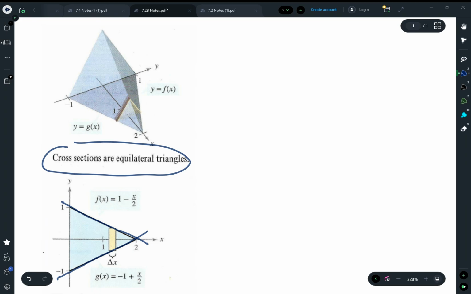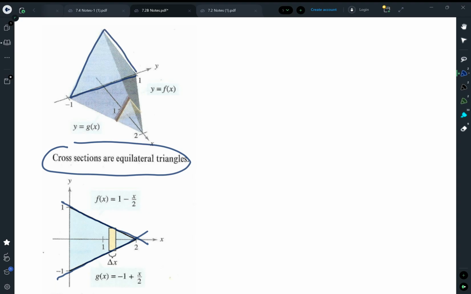On one end where my base is really wide, I'm going to have a really big equilateral triangle. And on the other end where my base is really small, because these two lines are closer together, I'm getting really tiny triangles. So that's what we're going to be trying to find the volume of.